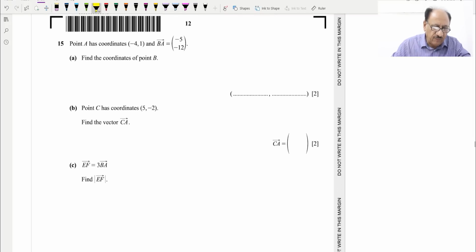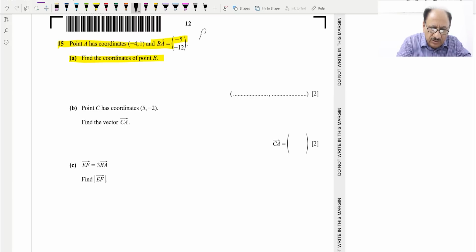Now question number 15. Question number 15 says point A has coordinates -4 and 1, and BA is given. BA is equal to -5 and -12, and they are saying find the coordinates of point B. This is A part.